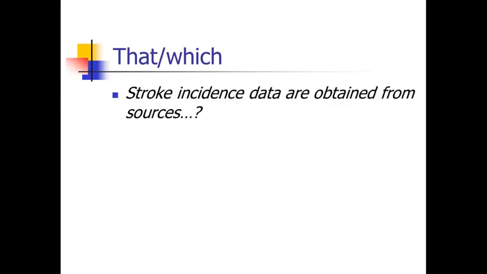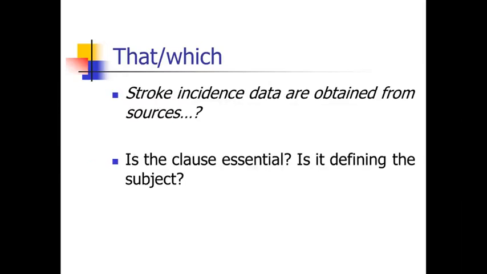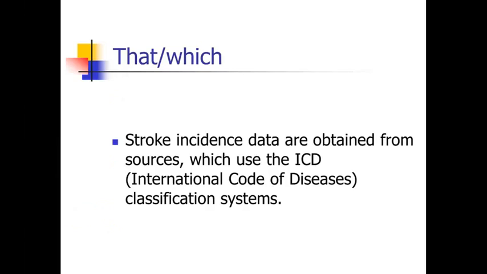Would you just say stroke incidence data are obtained from sources? No, we need more information. That information is essential. So that actually should have a that and should not have a comma there. That clause is essential, so use that. So you should say stroke incidence data are obtained from sources that use the ICD classification systems. So watch out for that in your writing.